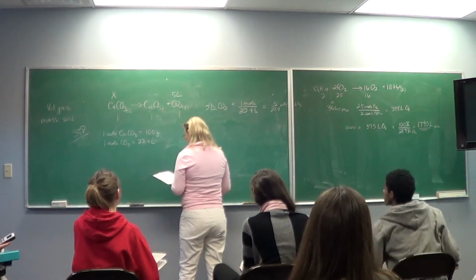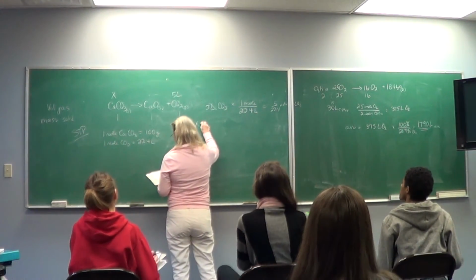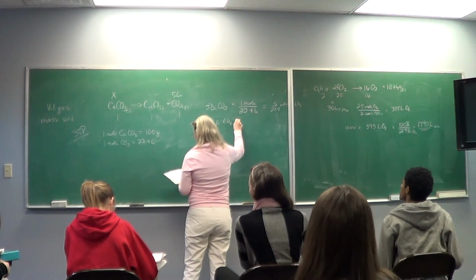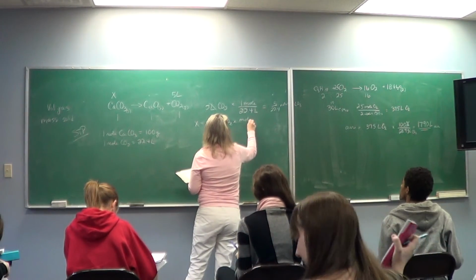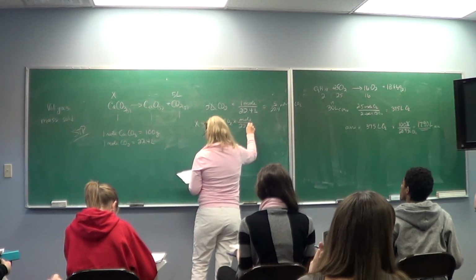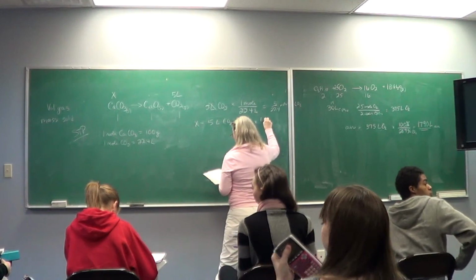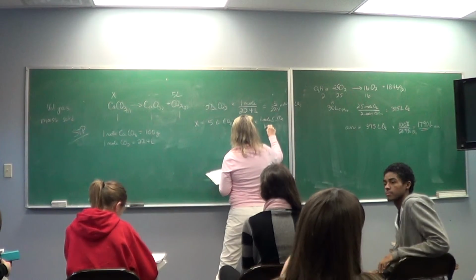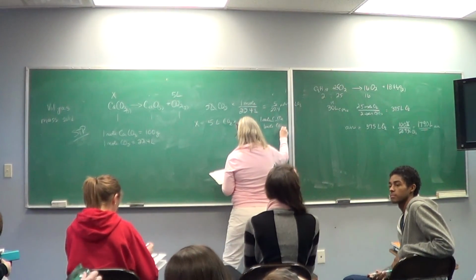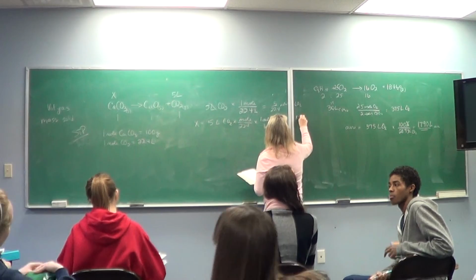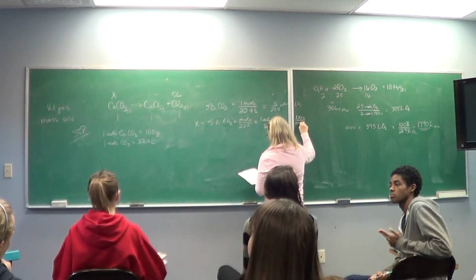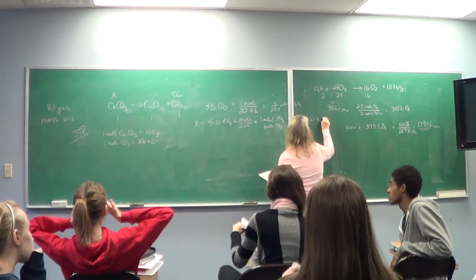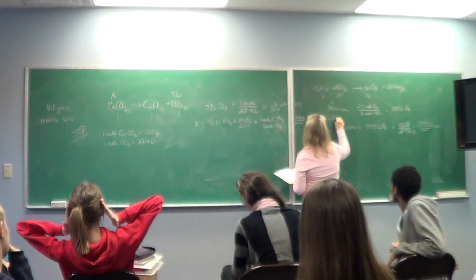Okay, I'm going to finish this up, and whether you get it or not, this is the answer. 5 liters CO2 times 1 mole over 22.4 liters, times 1 mole of CaCO3 over 1 mole CO2, times 100 grams per mole, equals 22.3 grams calcium carbonate.